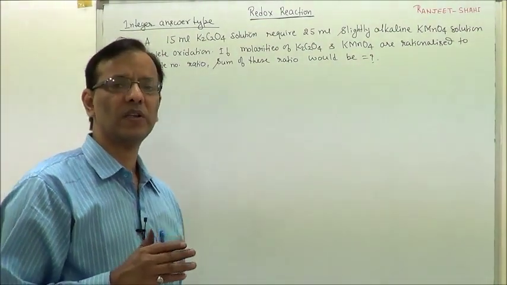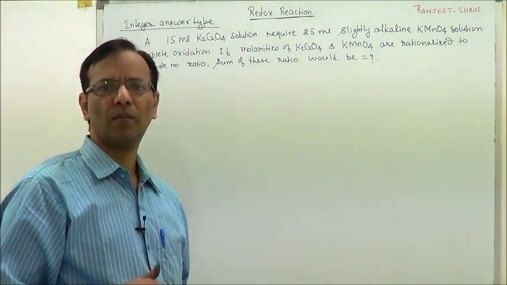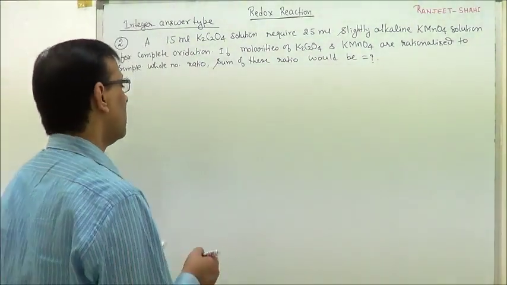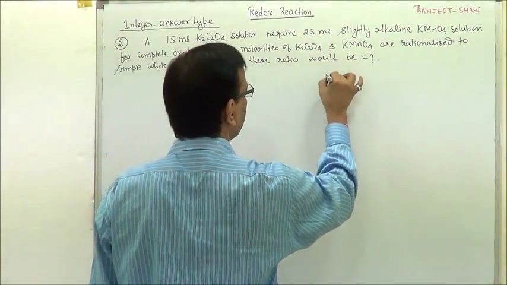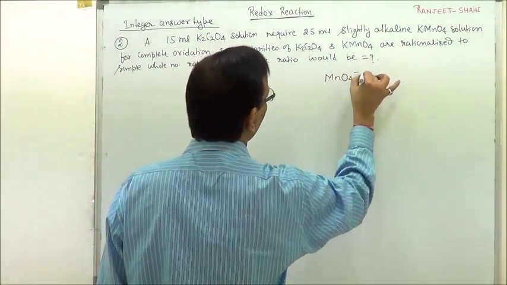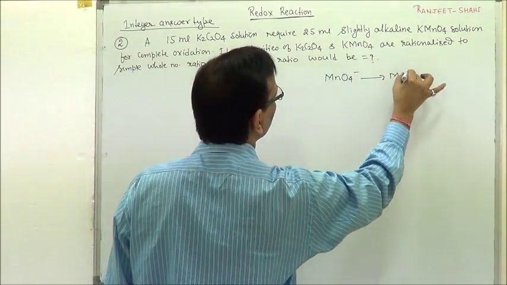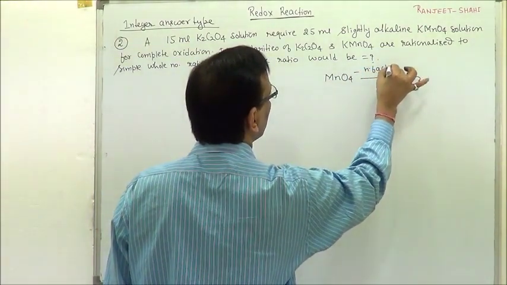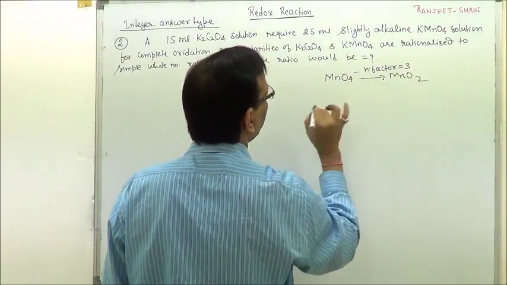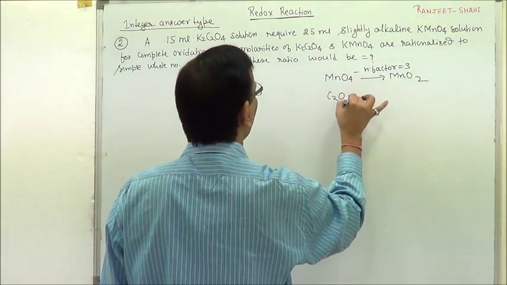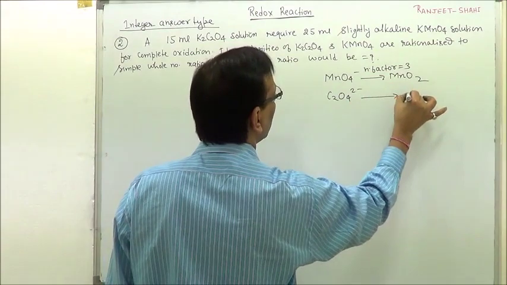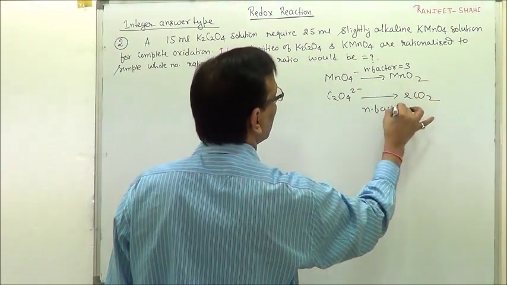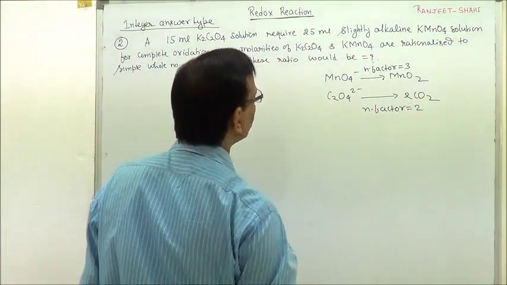Potassium permanganate will change in oxidation number from +7 to +4, as MnO2 is formed. Permanganate will be reduced to MnO2. So the N factor is 3. Oxalate we all know, the N factor is 2.